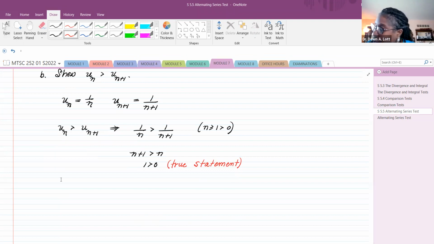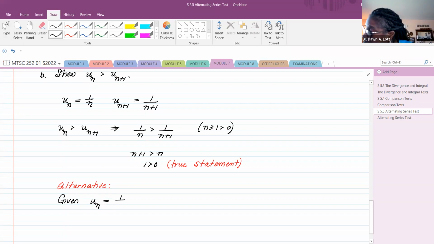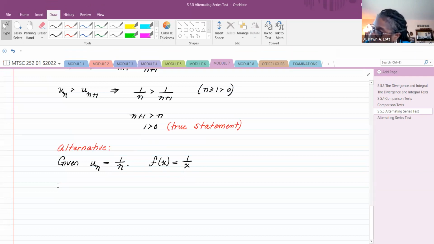So the alternative is that given u_n is equal to 1 over n, we can make a function of it, f(x) would be 1 over x, and show that f(x) is a decreasing function.